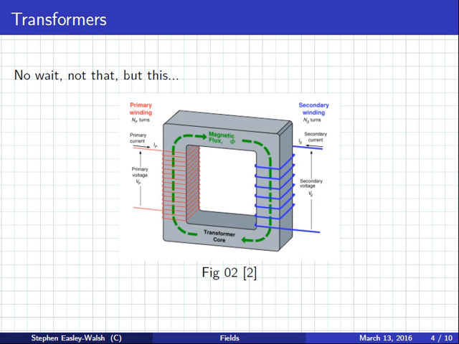On the left, you have the wire in red, and on the right you have the wire in blue. What you'll notice about the wires is that there's more on the left than on the right. Can you see that? Or I should say there's more loops on the left than there are on the right.